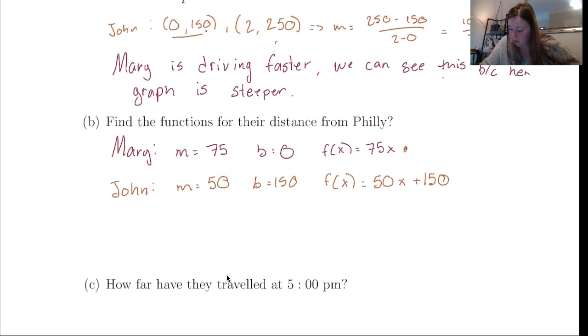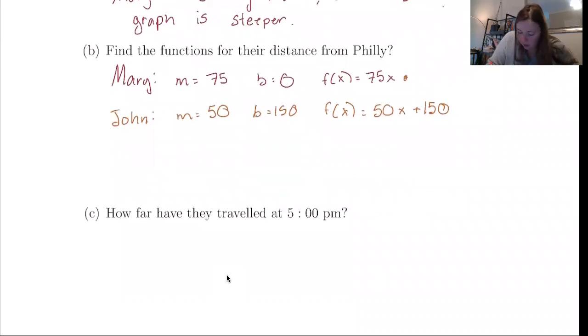Alrighty. So how far will they have traveled at 5 p.m.? So remember, x equals 0 is noon, and every x is an hour.